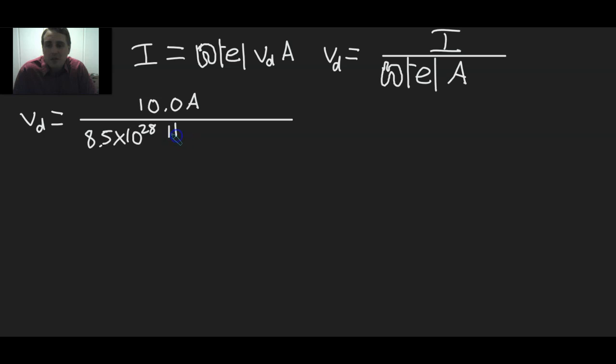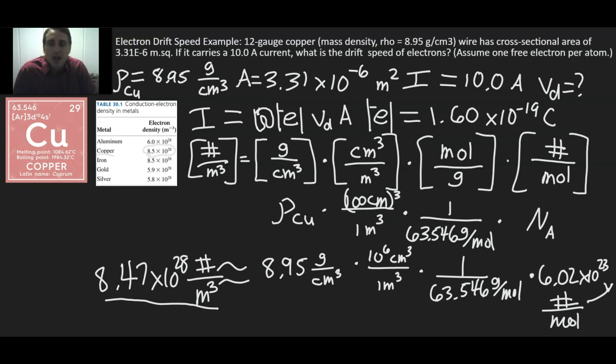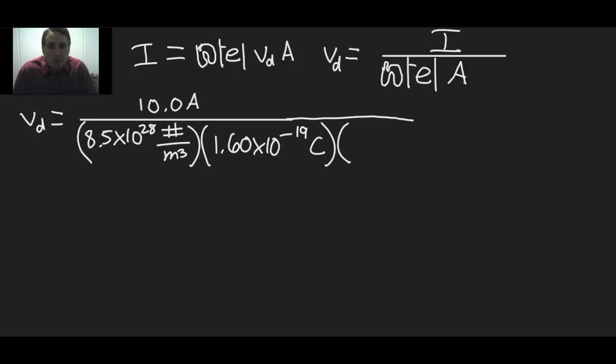And remember, that's number per meter cubed, times fundamental charge 1.60 times 10 to the minus 19th coulombs, and then times the cross-sectional area, which was also given on the previous page as 3.31 times 10 to the minus 6th meters squared.